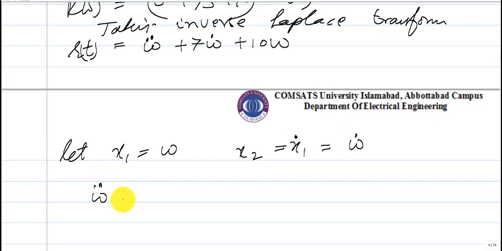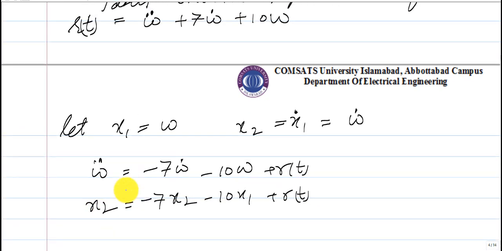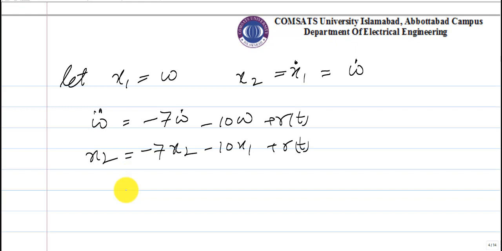W double dot is equal to minus 7 W dot minus 10 W plus R(t), or minus 7 x2 minus 10 x1 plus R(t).